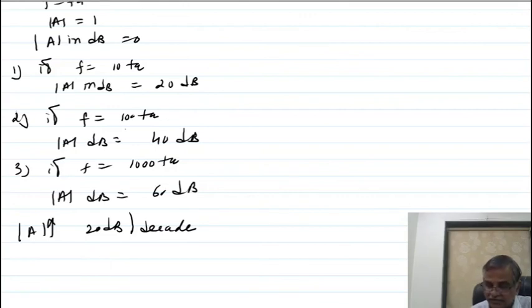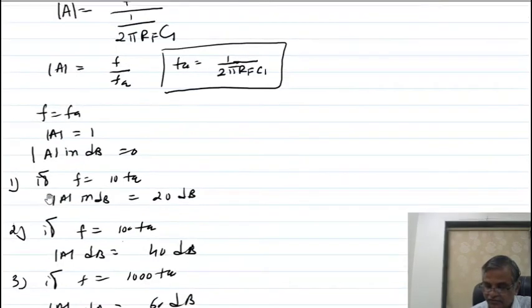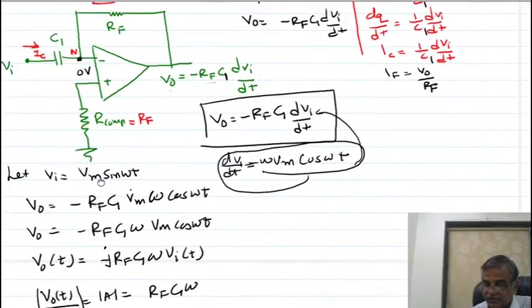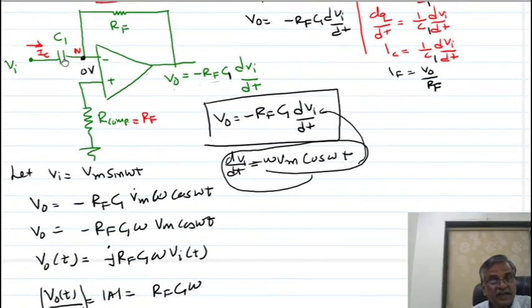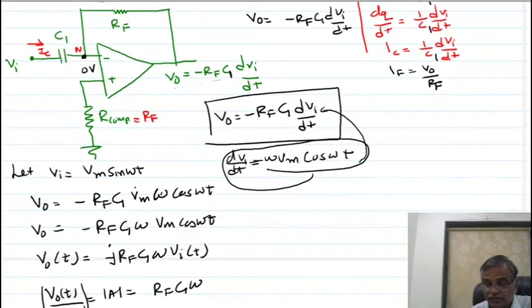Second problem, you can see here: at higher frequency, the input impedance of this circuit is given by this equation. At higher frequency, omega is large, so input impedance decreases. As a result, the circuit becomes very sensitive to high frequency noise.